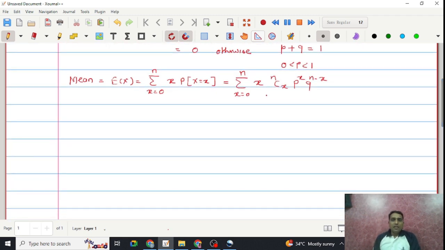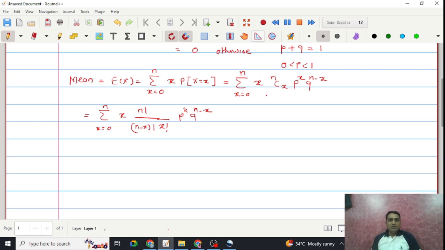We put the formula of nCx, which is n factorial upon (n minus x) factorial into x factorial, times p^x q^(n-x).